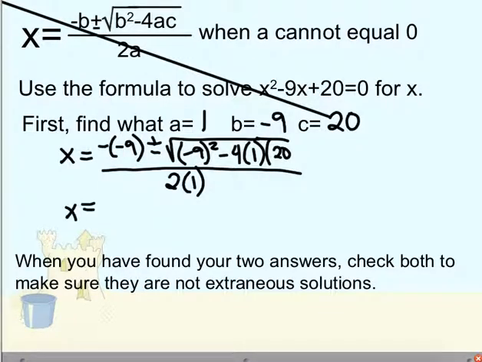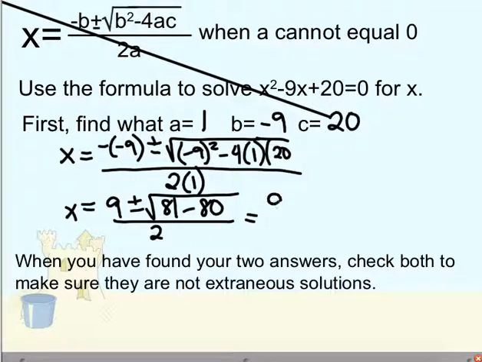So x equals, I'm just going to start simplifying a bunch of things here. Negative 9 is a positive 9, plus or minus the square root. Well, I get 81 minus 80 over 2, which equals 9 plus or minus the square root of 81 minus 80, which is the square root of 1, which is just 1, over 2.